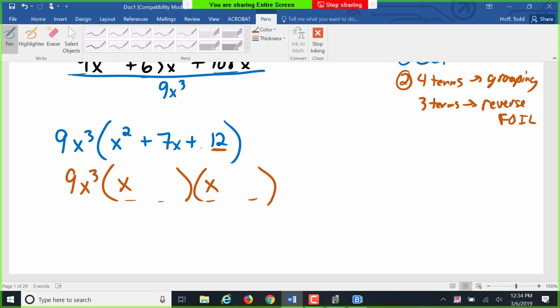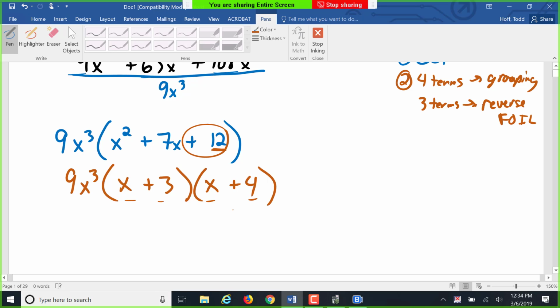What do you want to try? 3 and 4. Positive 3 and positive 4. Good. Now we knew 12 is positive, so either both of those are positive or both are negative. The 7 is positive, which tells us most likely both of them are positive.